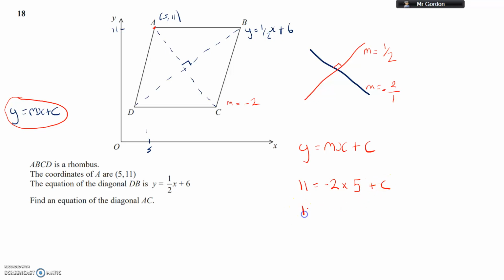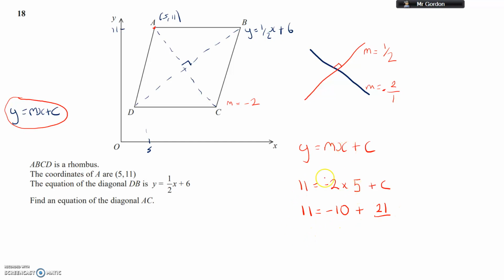So we can work this out. 11 equals, what's minus 2 times 5? That's minus 10. So minus 10 plus what is going to give me 11? You could add 10 to both sides to solve it. It's going to be 21. So that's got our plus c value: 21.